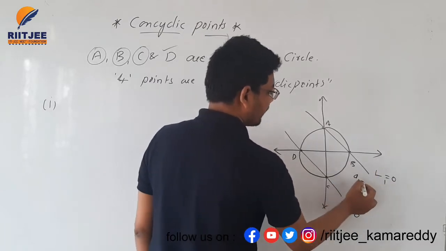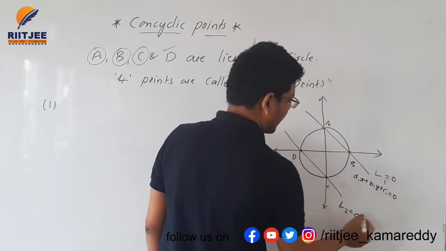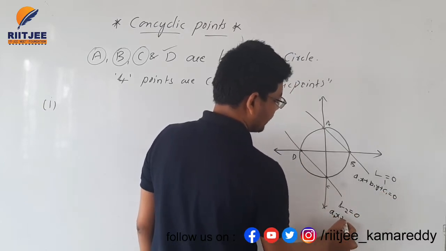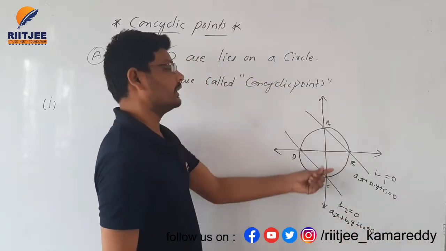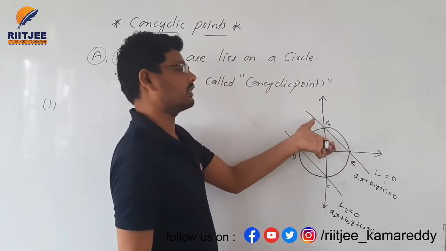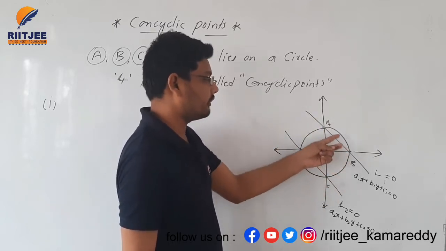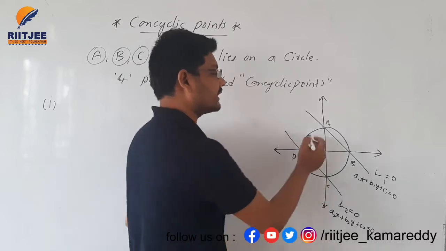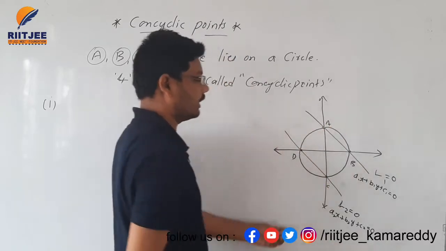L1 is nothing but a1x plus b1y plus c1 is equal to 0 and a2x plus b2y plus c2 is equal to 0. These are the two lines here. They intersect the coordinate axes at 4 distinct points. From those 4 points, if we construct a circle, that circle contains the 4 points, and these 4 points are called concyclic.